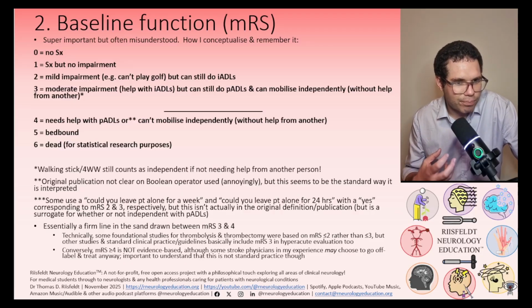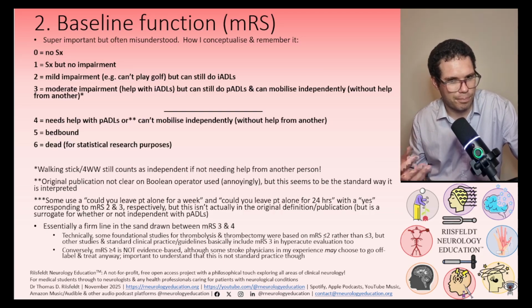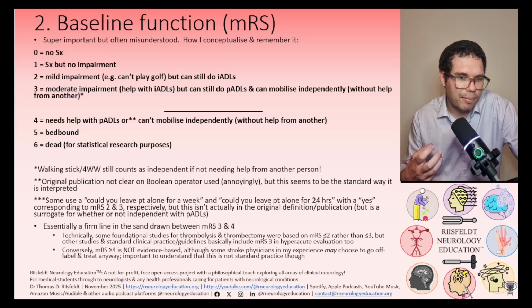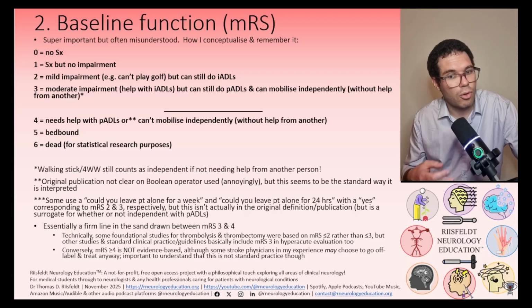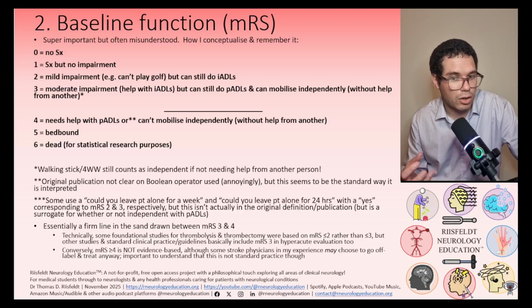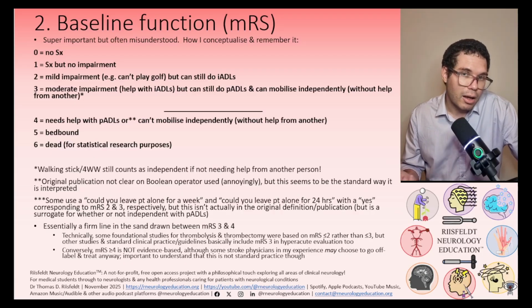But I would say that other studies and in any case, standard clinical practice and guidelines basically seem to always involve MRS 3 in hyperacute stroke evaluation as well. And conversely, although an MRS of 4 or higher is not evidence-based in terms of hyperacute stroke assessment, there are some stroke physicians who, in my experience, may go off-label and may choose to intervene anyway.